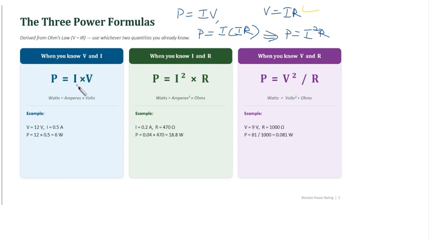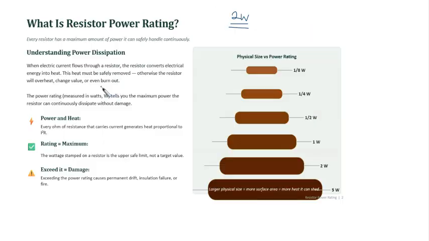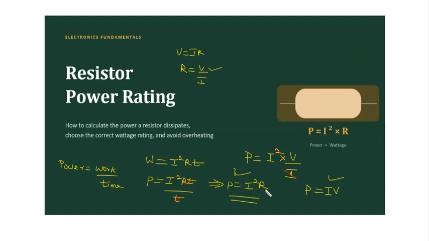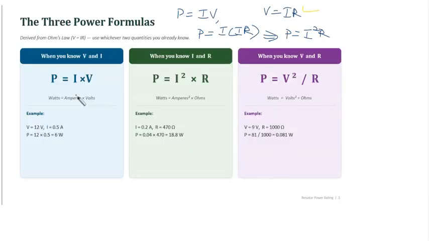The V squared over R can also be obtained in this manner. If you know that P is equal to IV, like we've seen, or P is equal to I squared R, depending on the substitution you are making. If we make a substitution here, P is equal to IV, right?